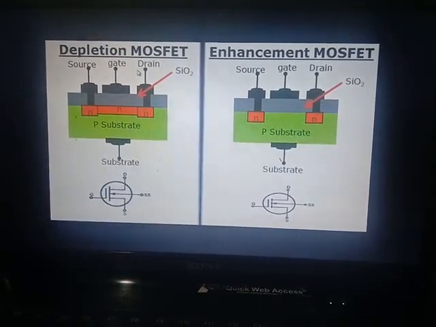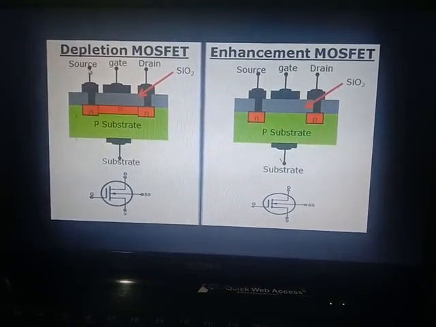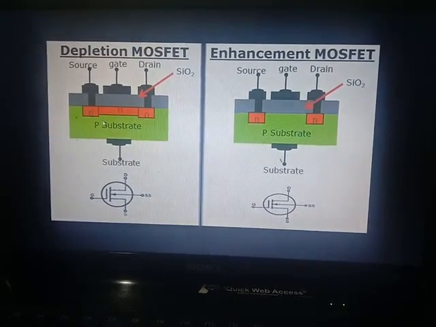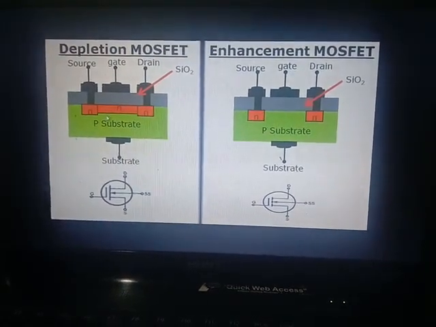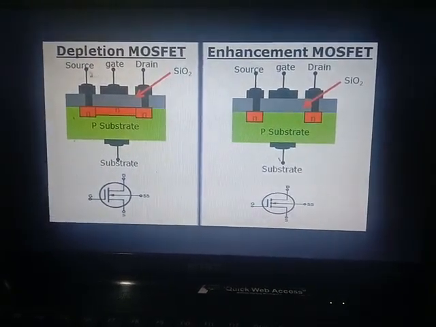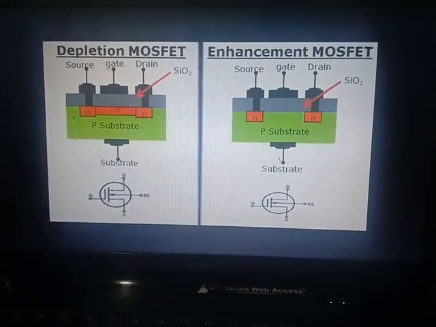Like JFET, MOSFET also has three terminals: source, gate and drain. MOSFET is also a voltage control device, that is, the current flow between source to drain, ID, is controlled by the gate to source voltage VGS.